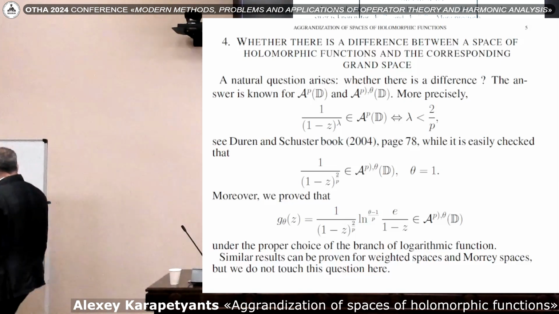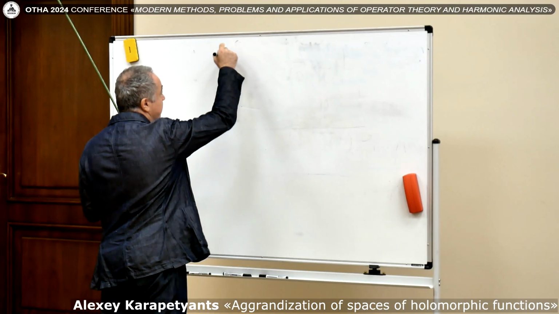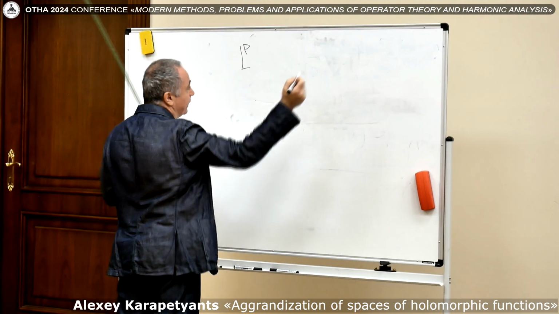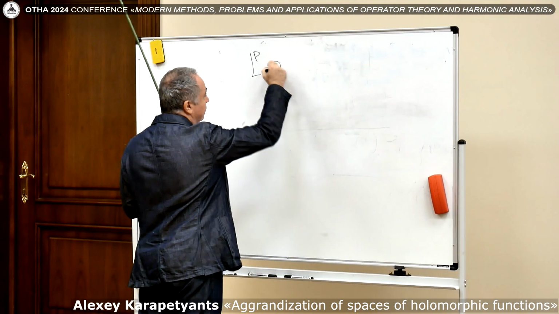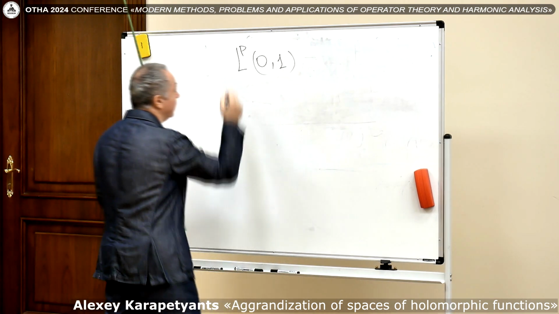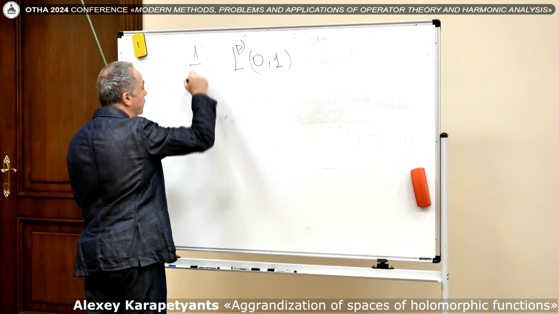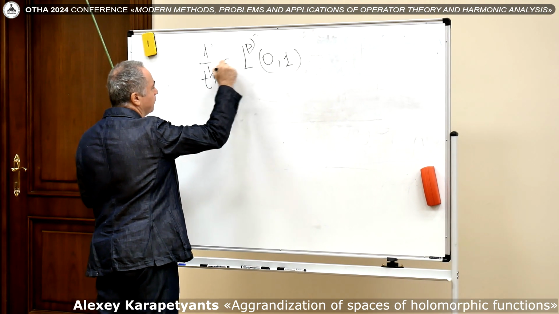Now, I said that grand L^p is bigger than L^p, and for instance, an example of a function that belongs to grand L^p is 1 over t to the power 1 over p.